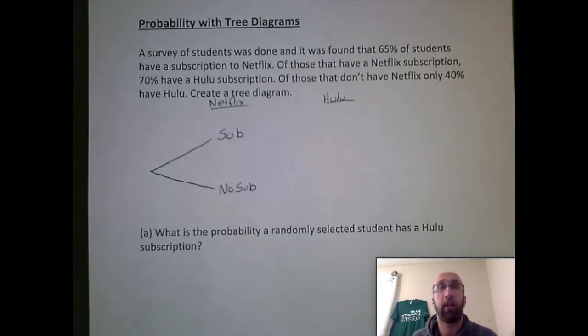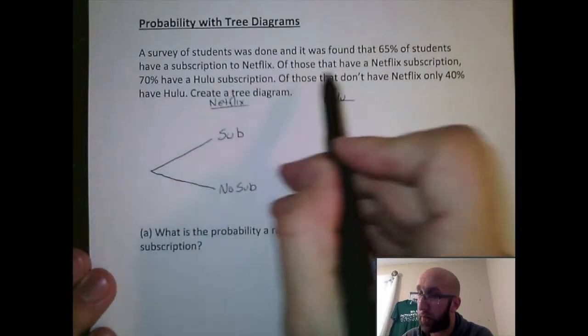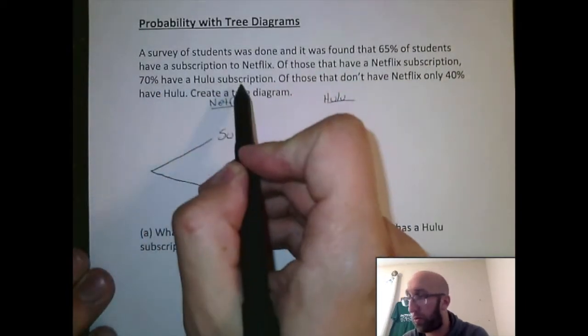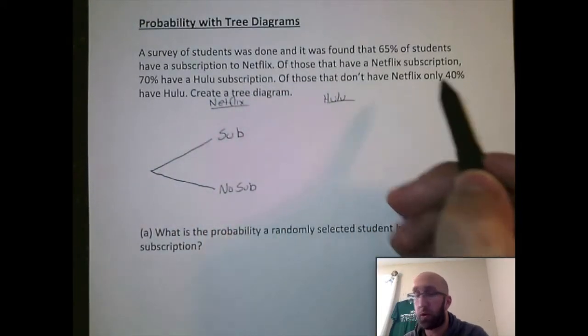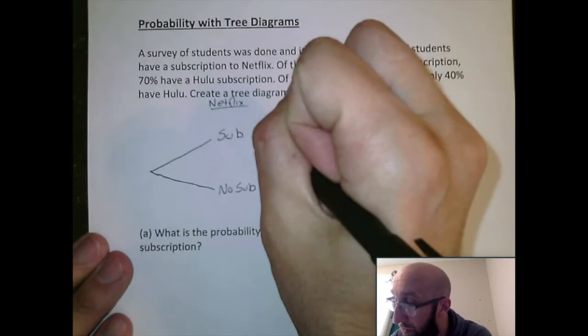Makes sense? Let's not touch the numbers yet. Let's just continue to put this together. When you move on to Hulu, those that have a Netflix subscription, 70% have a Hulu subscription. Same kind of idea. You either have a subscription to Hulu or you don't.